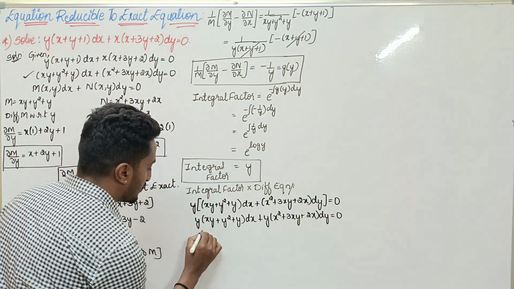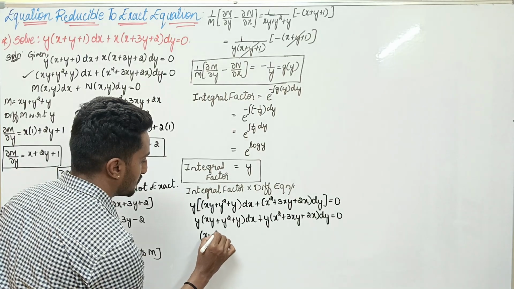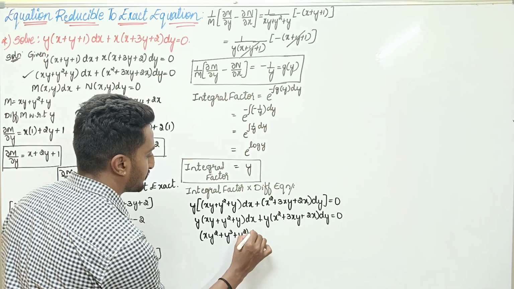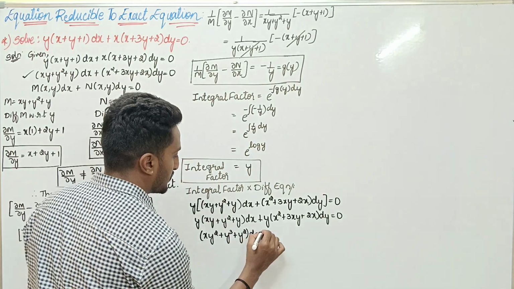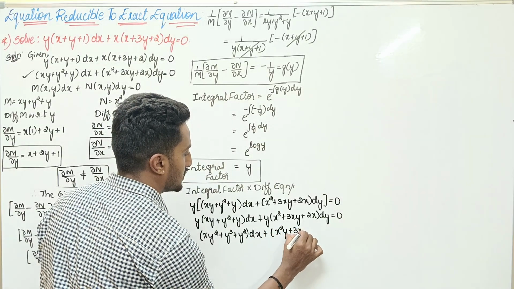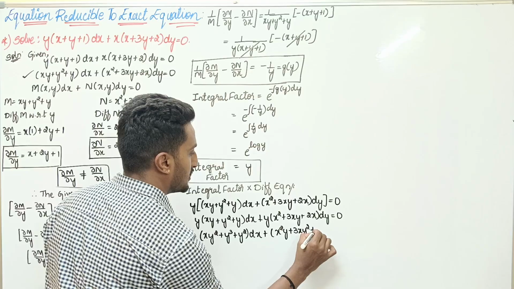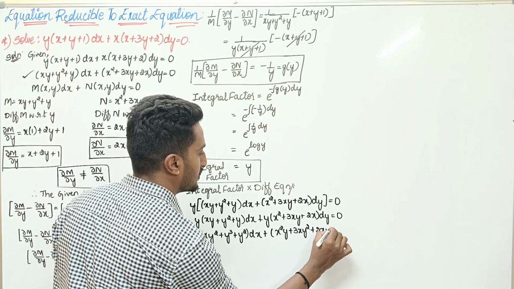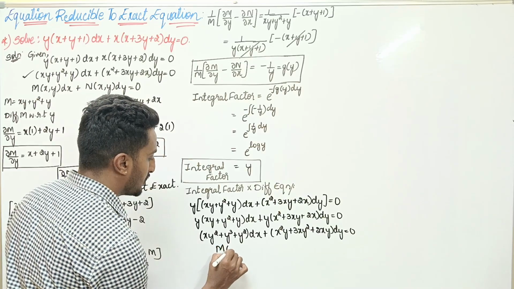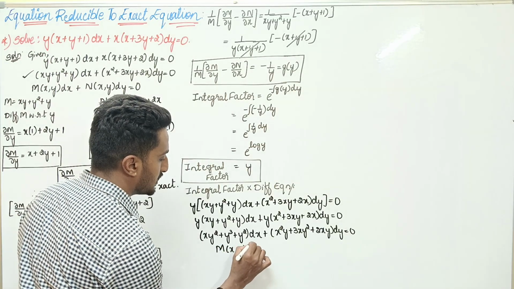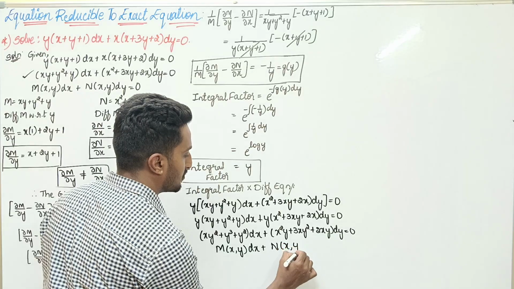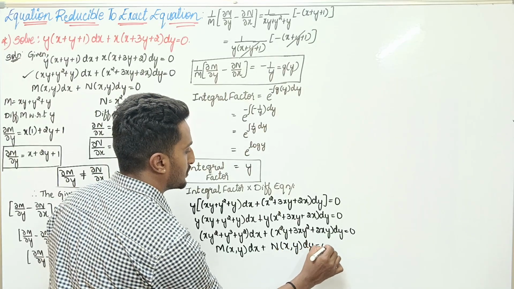If you multiply, you get (xy² + y³ + y²) dx. Similarly, now we have (x²y + 3xy² + 2xy) dy = 0. This is of the form M(x, y) dx plus N(x, y) dy = 0.